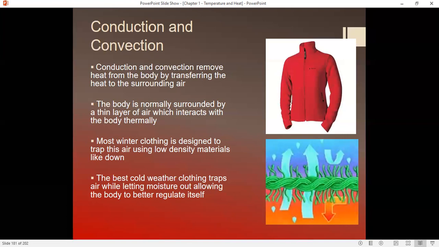So manufacturers have figured out ways to manage heat and manage moisture by using things like this winter fleece, okay? What this allows to have happen is it wicks the moisture away from your body so it can make it to the outside and evaporate. But it also has quite a bit of insulating space within it.